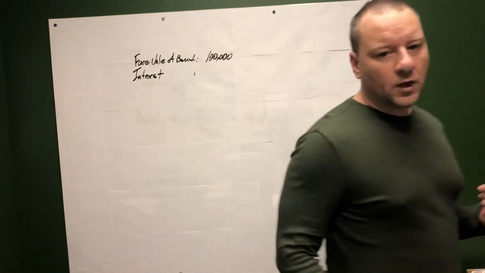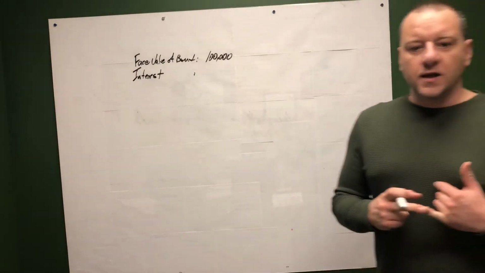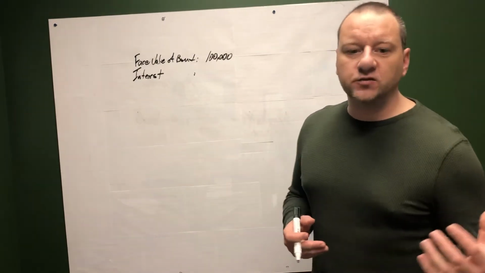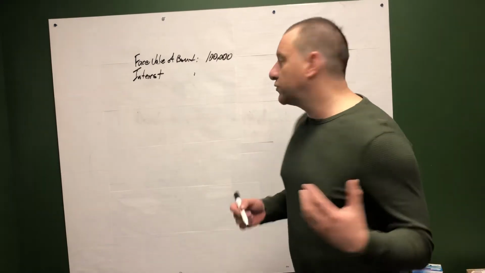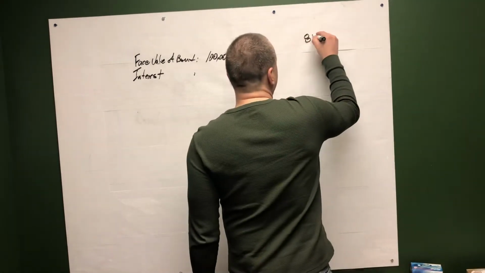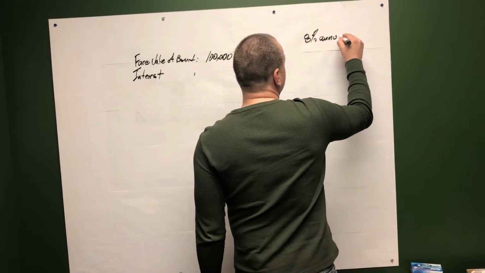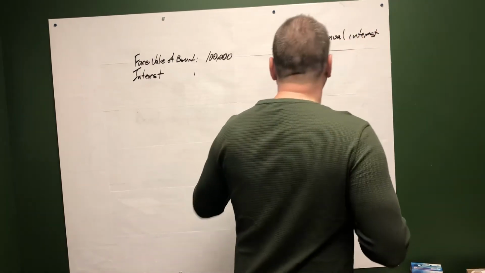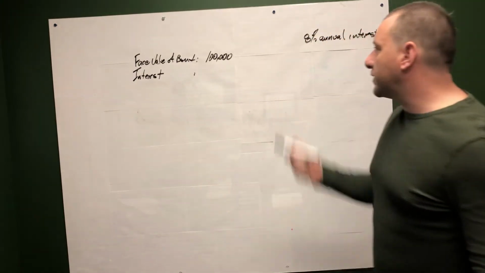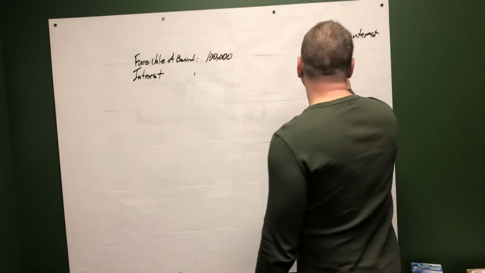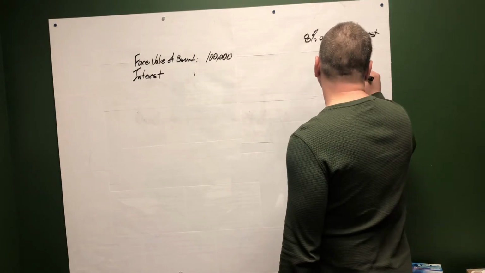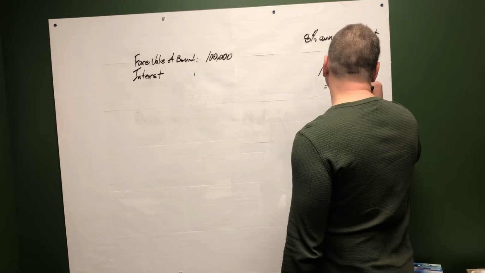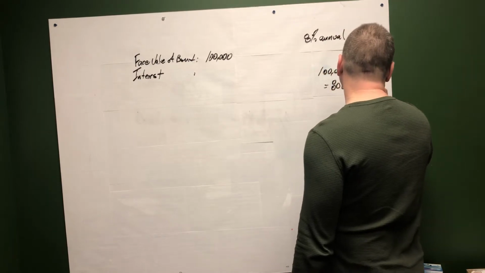Well, again, we were told that the contract rate attached to the bond, or the bond's interest rate, is going to be 8% annual interest. So we're going to get 8% per year on this $100,000 bond. $100,000 times 8%, we're gonna get $8,000 per year in interest.